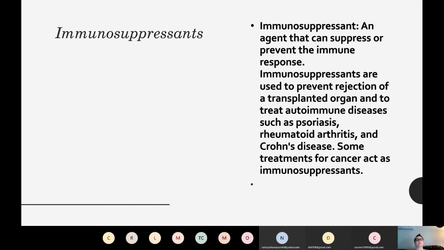Another reason that these are given is, say, I have a niece right now, and she just found out she's got astroblastoma, and it's a brain cancer. She is going through chemo, but before they could give her chemo, they had to give her immunosuppressants.